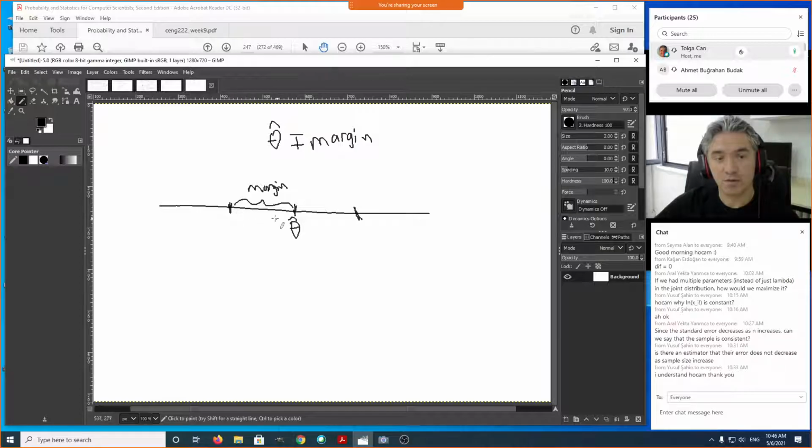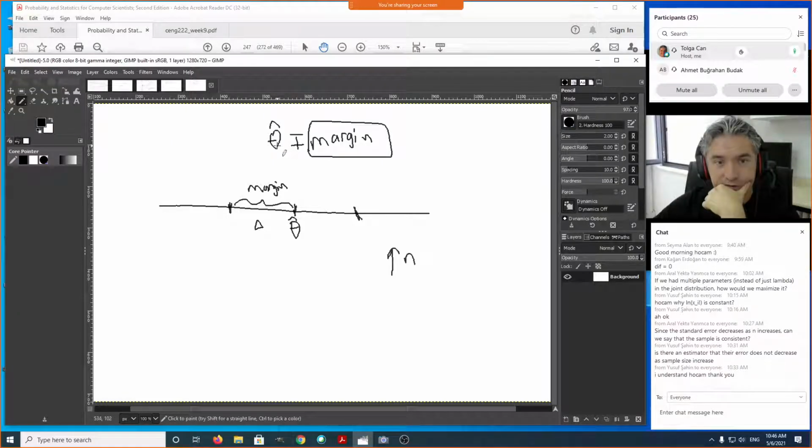Okay, so if, for example, you want the margin to be smaller than some delta value, you are going to see that the way to do that is to increase your sample size.